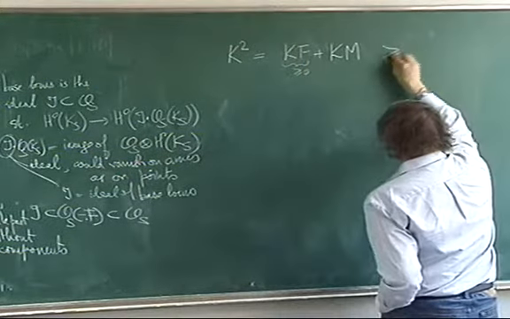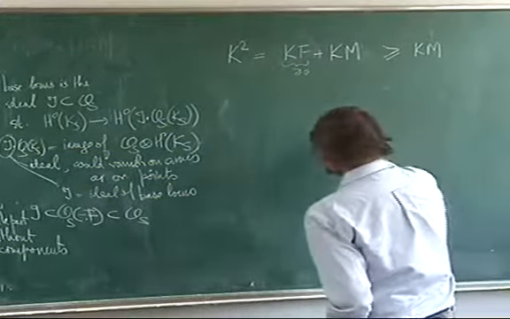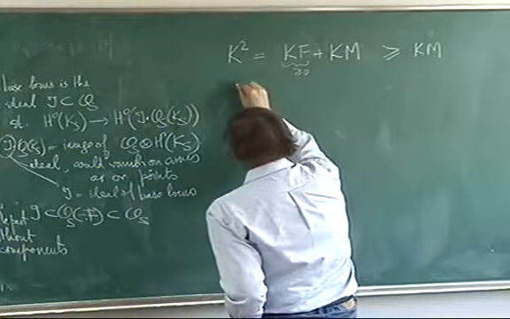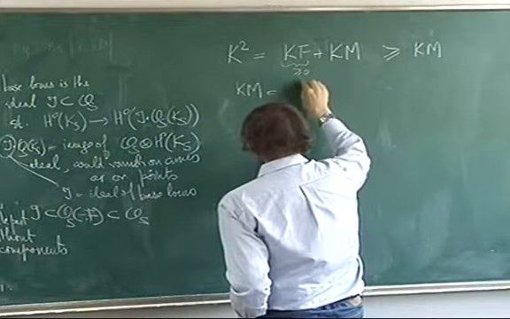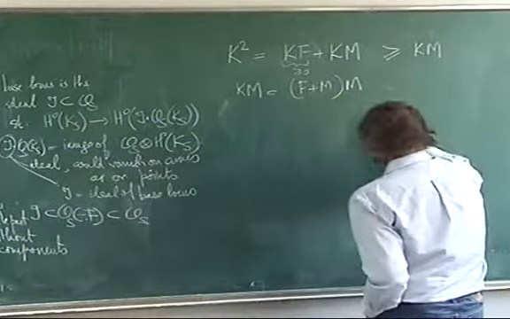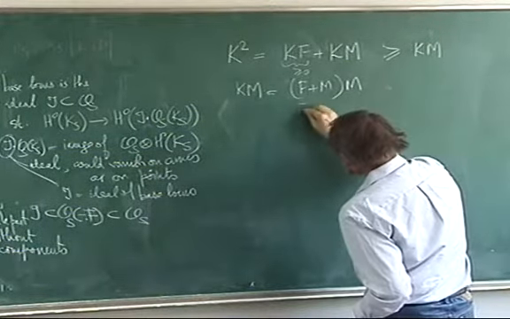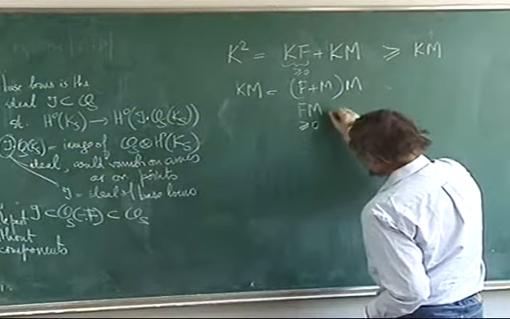So this is greater than or equal to K.M. And I'm going to play the same game with M. So K.M is F.M plus M squared, and this F.M here is greater than or equal to 0 because M is mobile.